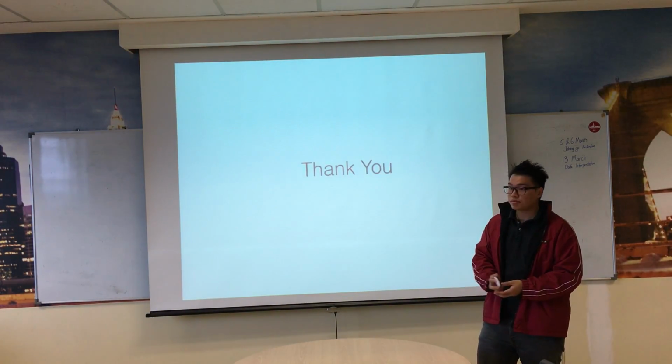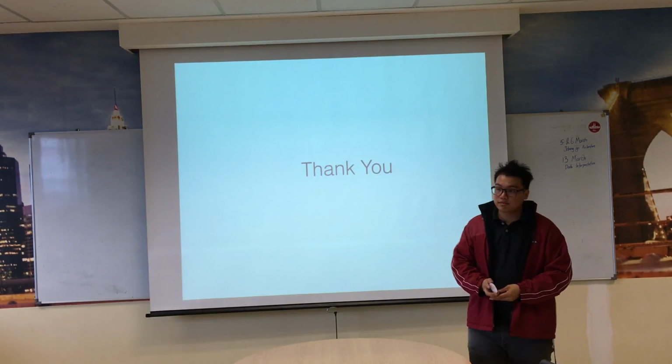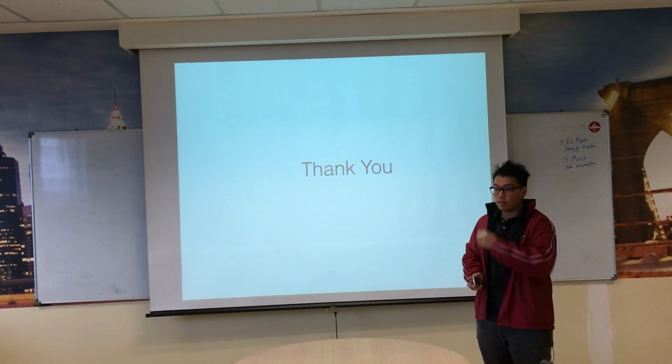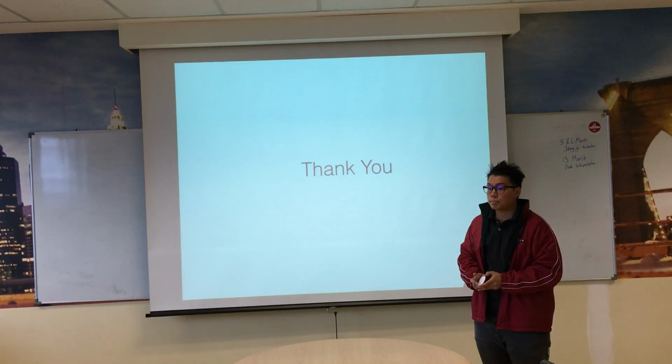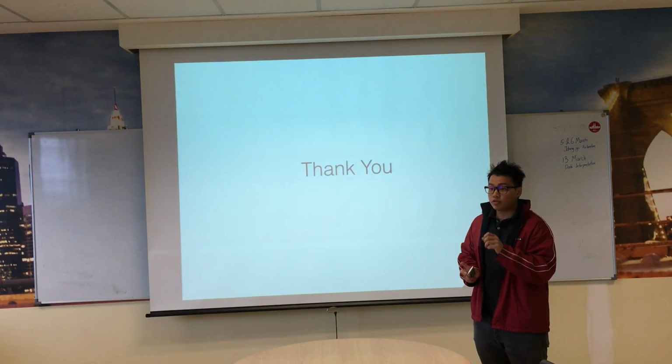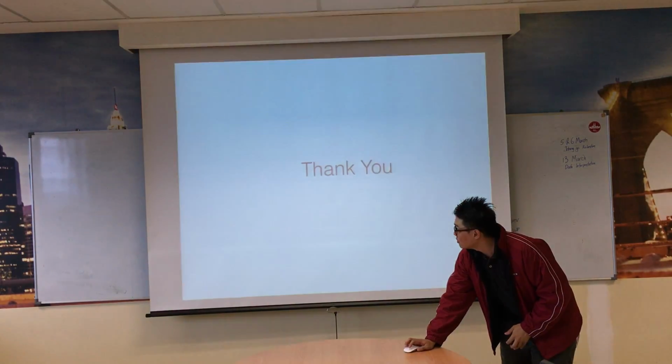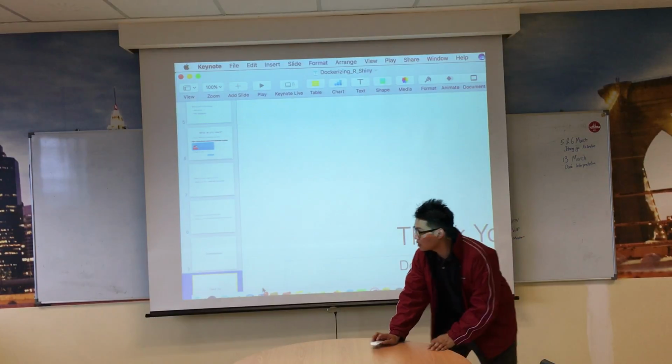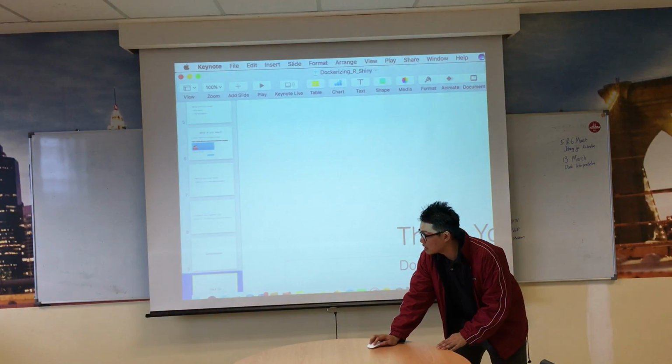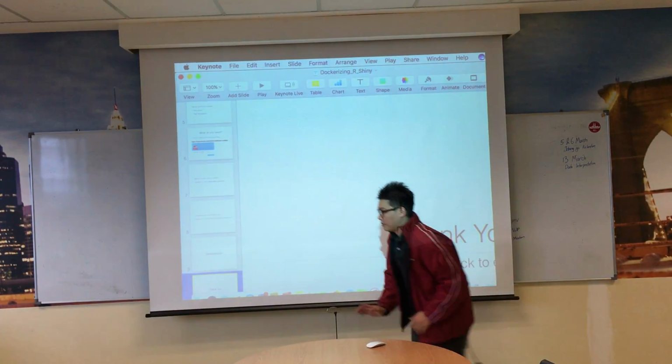So by packaging it as a Docker image, there's no way for anyone to get hold of the UI.R. You can put it on GitHub, you can put your Dockerfile and everything.